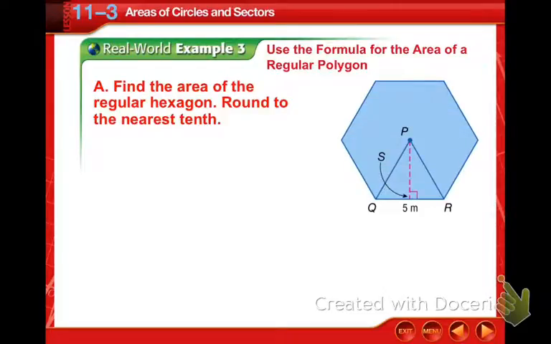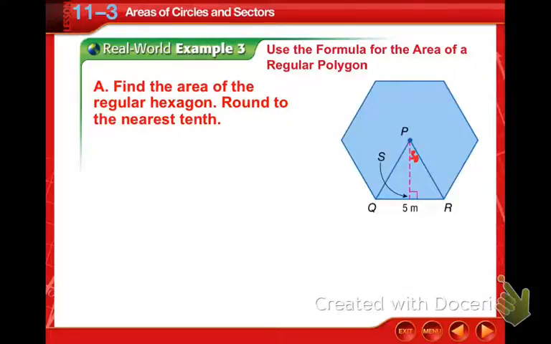So here we have a hexagon. Again, we already know that that's an equilateral triangle, right? But we're only given the base, we're not given the apothem. So we need to figure out what the apothem is, and then use that. Because we know this is an equilateral triangle inside of here, that means that we have a 60-degree angle being cut in half by the apothem.